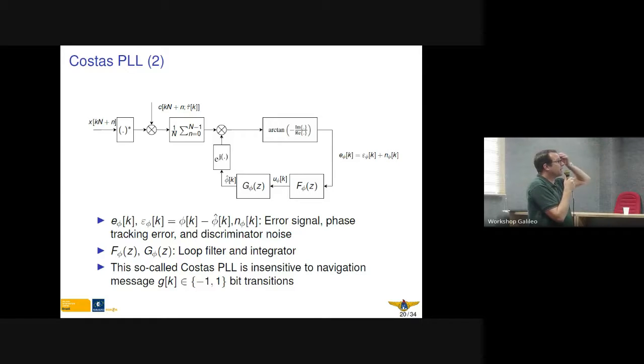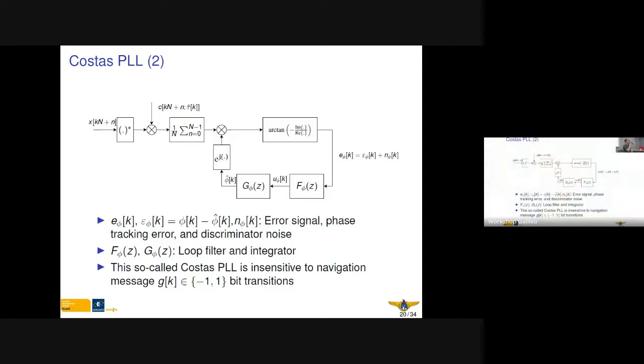In the arctangent, as we are dividing the imaginary part of the prompt correlator output, multiplied with phase correction, by the real part, and as the symbols that we receive are real, so they're -1 or 1, they disappear inside of the arctangent argument.